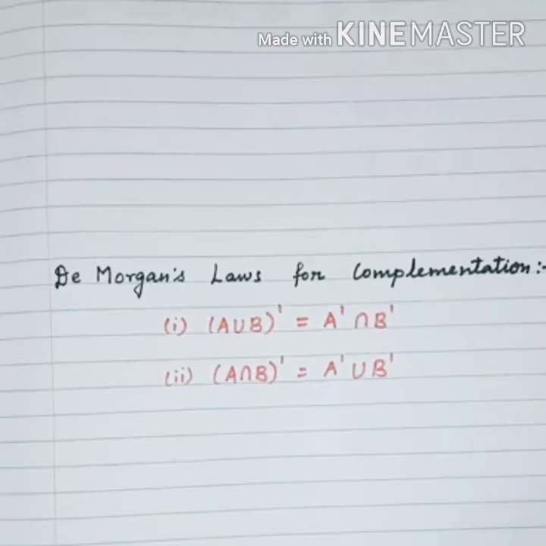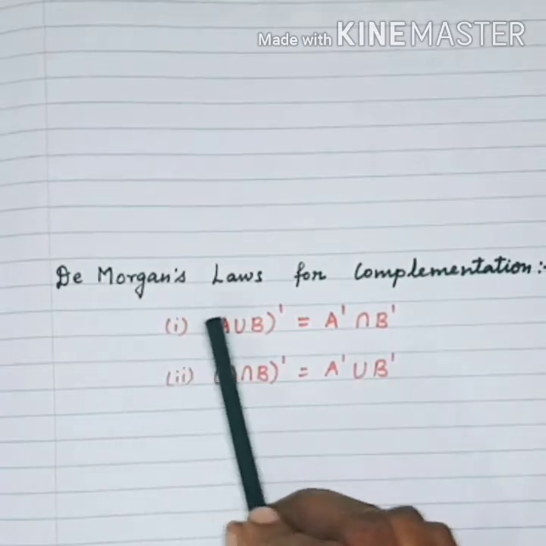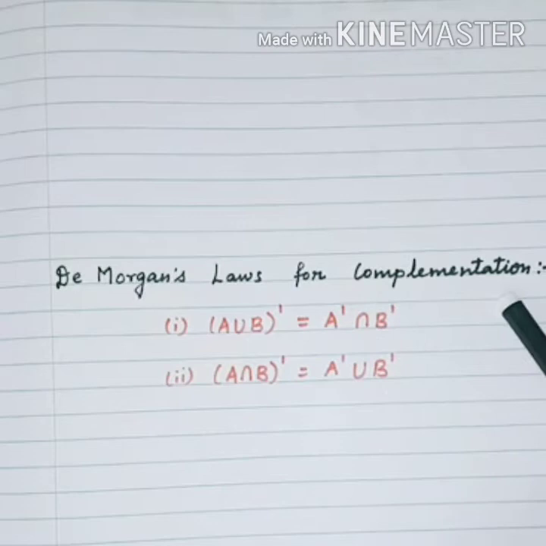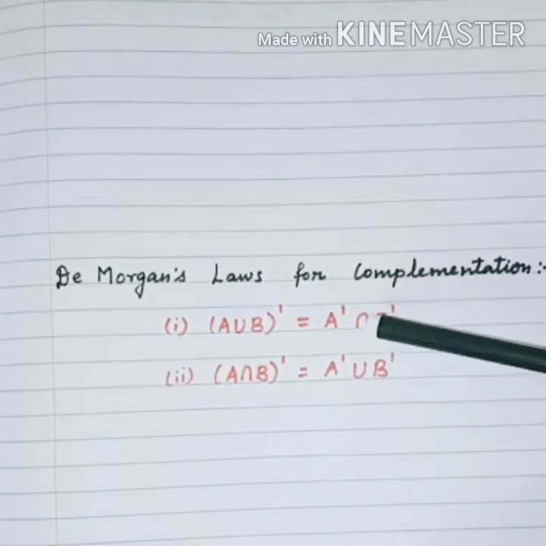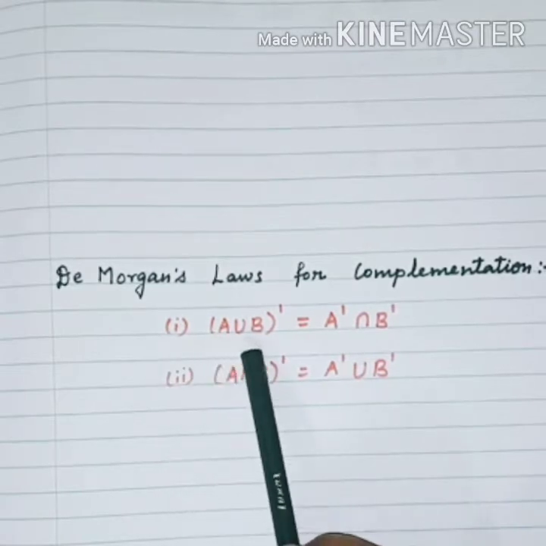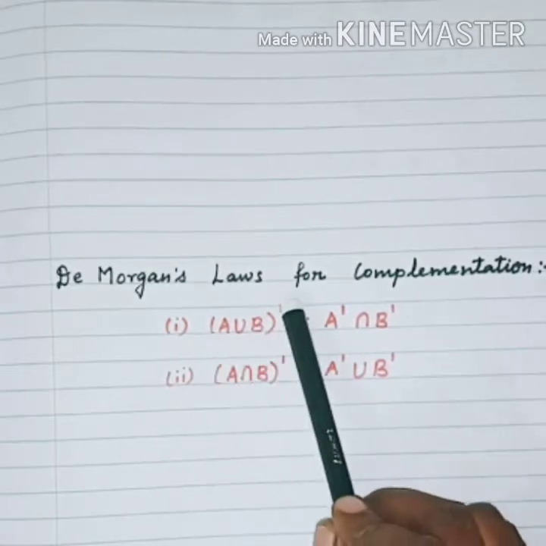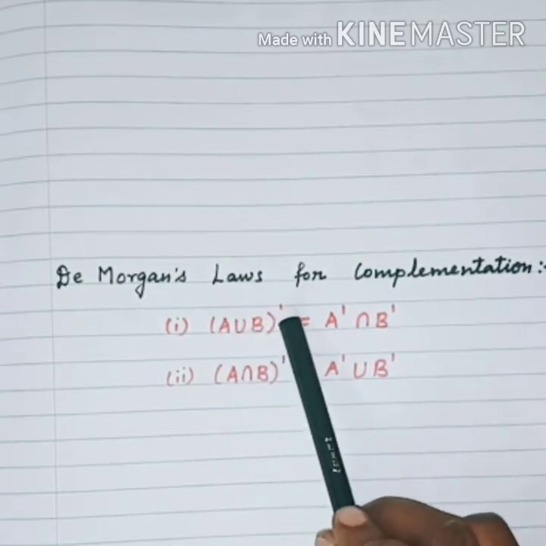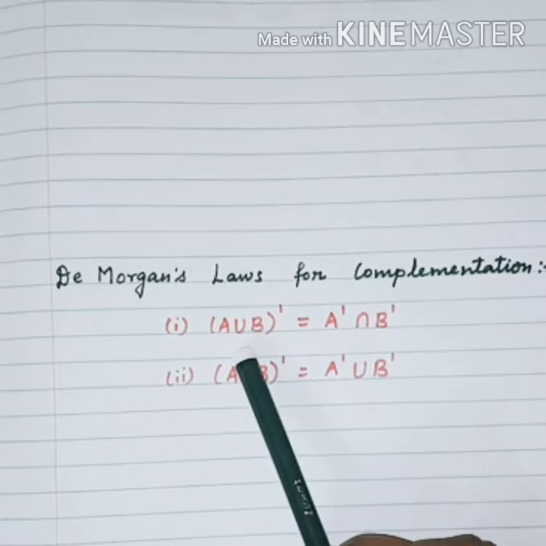In this class, we are going to solve problems using De Morgan's laws for complementation. This is De Morgan's laws for complementation. The first De Morgan's law is (A union B)' , this is called dash, or A union B complement also we would read.